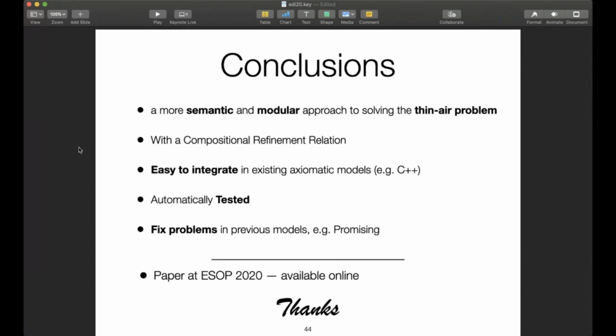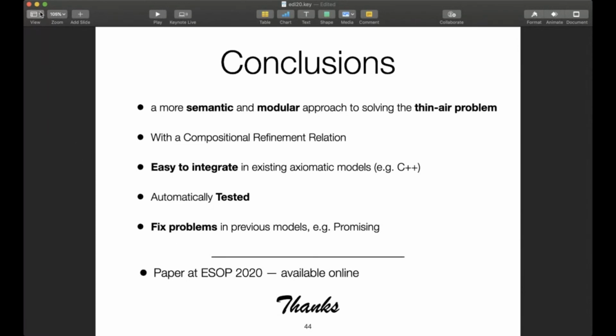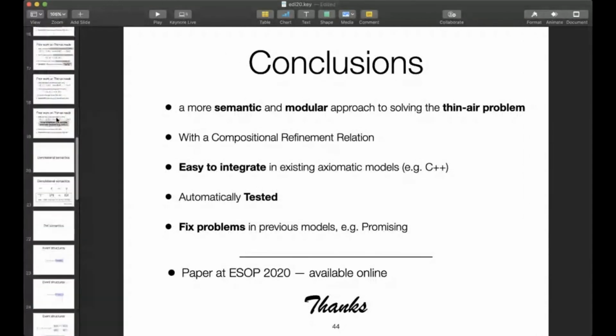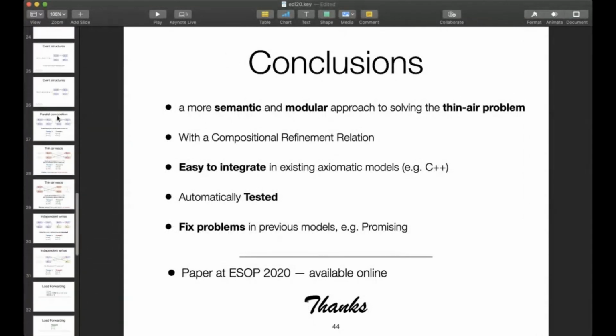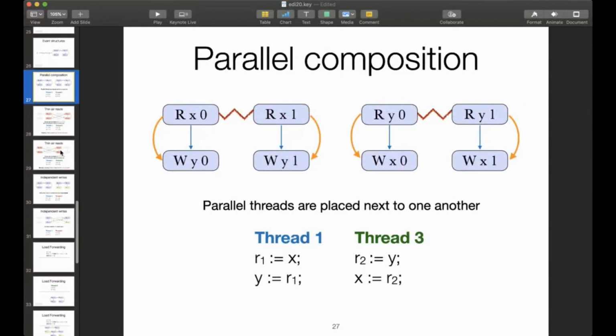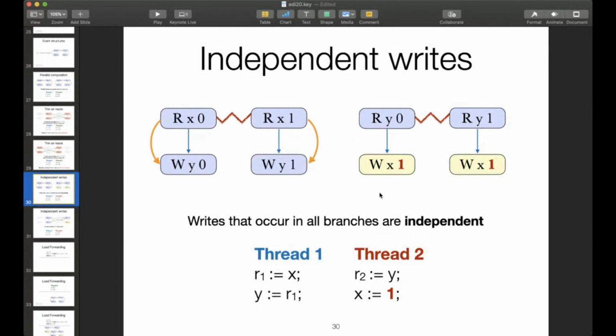Let me zip back in the slides, it's probably easiest for me to explain. The reason we're using event structures is very much to spot symmetries. This is a good slide. So in this code here, at the bottom in thread 2, whether we load 0 or 1 from y, we're going to see a write of 1 to x.